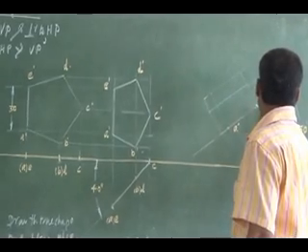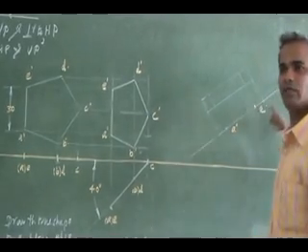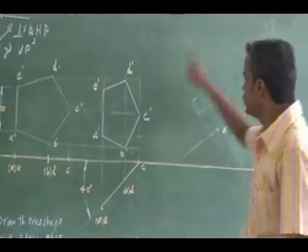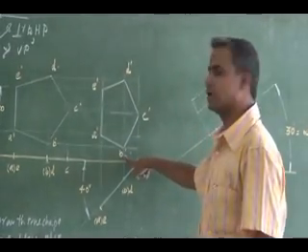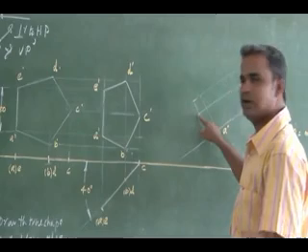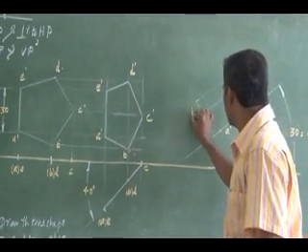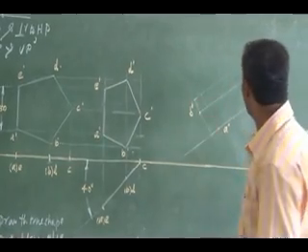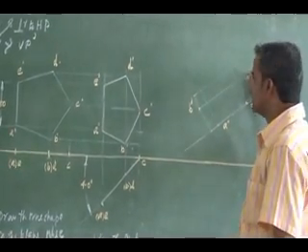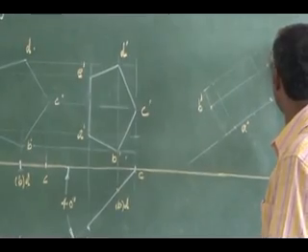B dash. Correct. A will be here. So what will be this? B, corresponding to A, where I will mark, I have to mark B. Here I will have my B dash. This is my D dash.